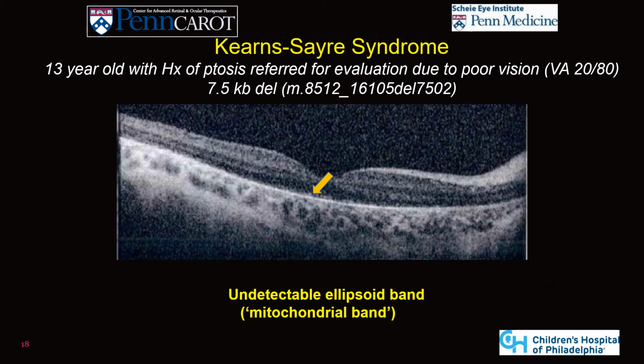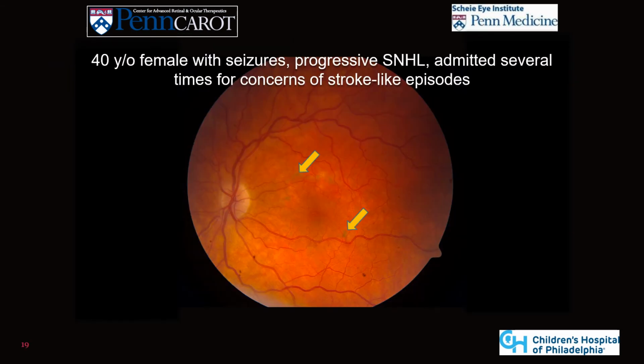But when we did the OCTs, you can see that the lamination of the outer retina, instead of having those 3-4 bands, you have none. So again, basically an undetectable ellipsoid band causing a severe loss in acuity. And then this kid was diagnosed with mutations and was diagnosed with Kearns-Sayre.